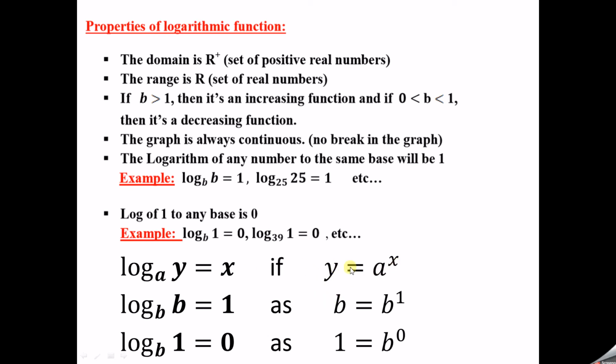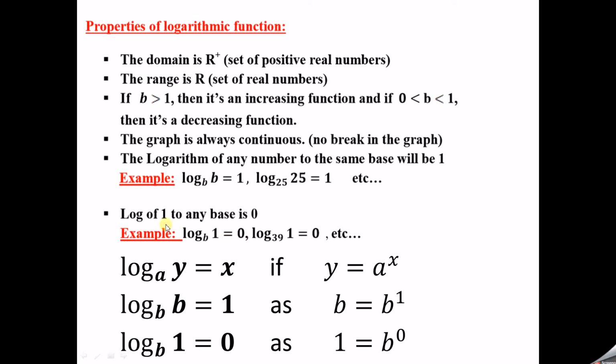So using this definition and the equation b equal to b power 1, which is always true, the logarithm of b to the base b equals 1. This exponent equation we can write as a logarithm: the logarithm of b to the base b equals 1. So that's why the logarithm of any b to the same base is always 1.